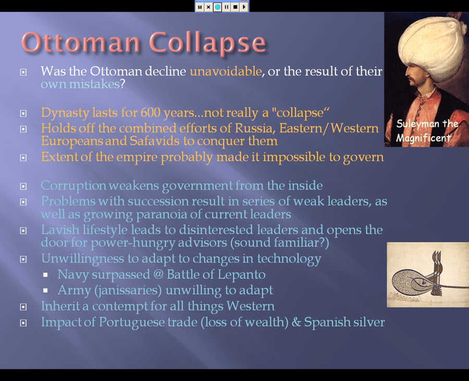What's interesting about this is that his father, whose name was Selim the Grim, not a great nickname for dad, became paranoid that his children were at some point going to attempt to overthrow him. And so he engaged in, let's just call it, the mass slaughter of his own children. He had all of them executed except for the one that he was pretty sure was the dumbest and therefore the least threat.